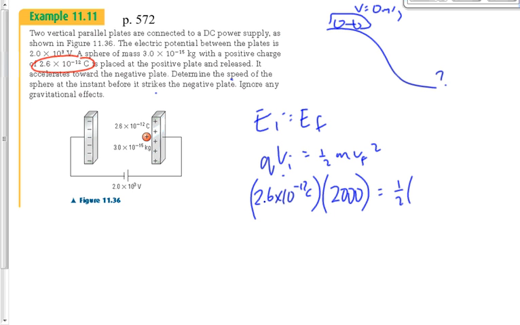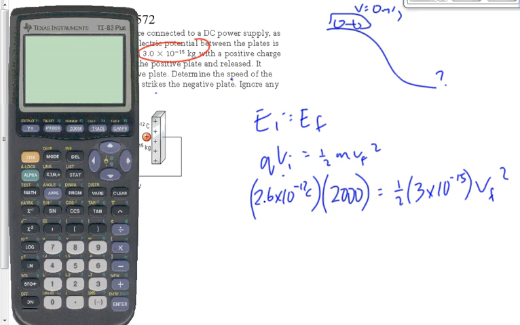What do we got here for the mass? 3.0. Probably wouldn't have been a bad idea to circle that in red as well. All right, let's do this on our calculators as well to make sure that we can all do it. We've got 2.6 times 10 to the negative 12. Multiply that by 2,000. We're going to multiply that by 2 to take the half over.